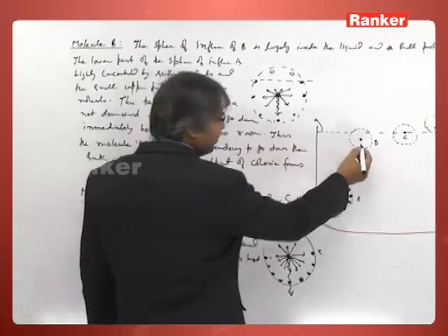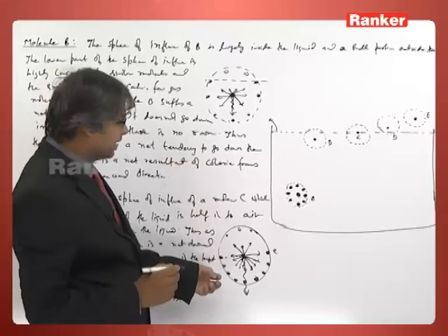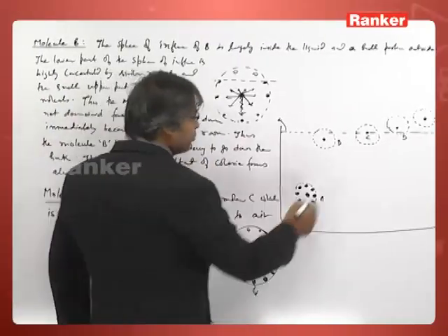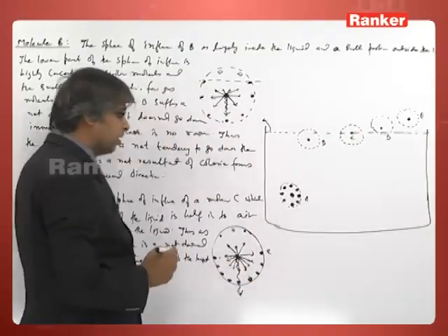So, molecule B, which is near the surface, is also getting a net cohesive force downward, but this net cohesive force is greatest on the surface of the liquid.